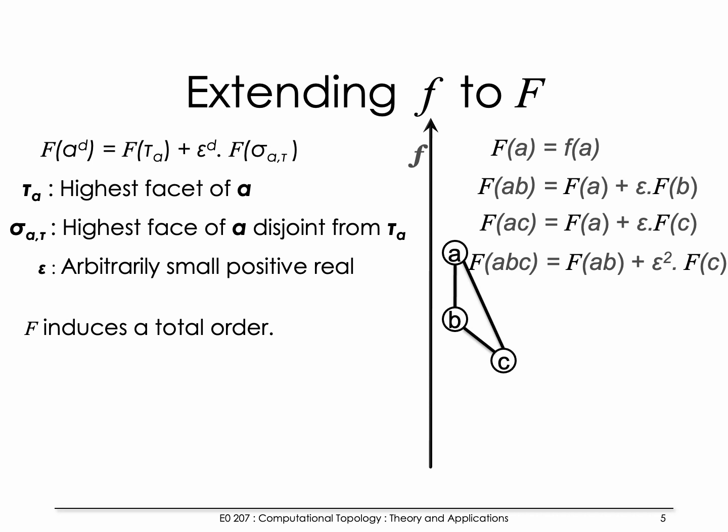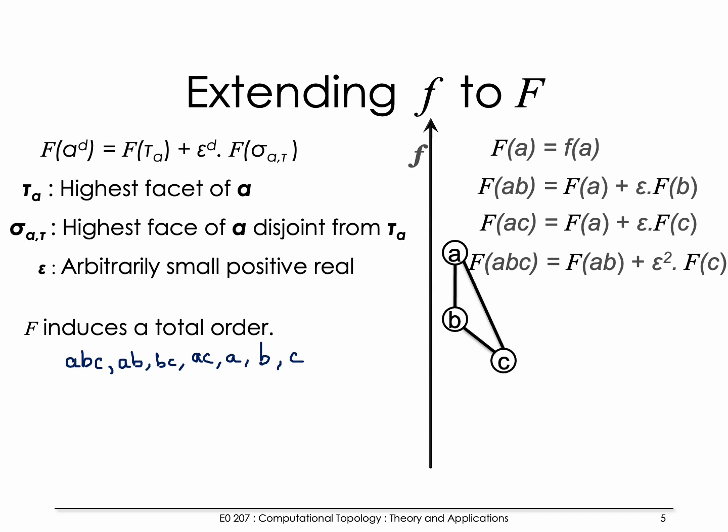So the faces of the cell ABC include AB, BC, AC, and the three vertices A, B, C. What F does is to induce a total order on all cells that are in this list. Now this total order becomes useful, as we will see later.